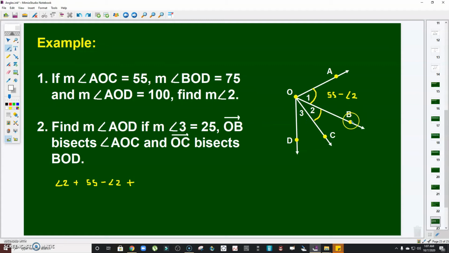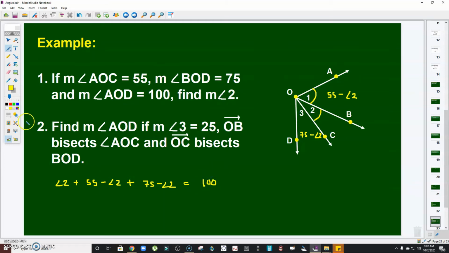So, take note, yung BOD is 75, right? So, therefore, kung 75 tong BOD, ito, 75 minus angle 2. Alright? So, plus 75 minus angle 2. There you go. See that? Now, by angle addition postulate, tong AOD na yan, that's equal to 100.